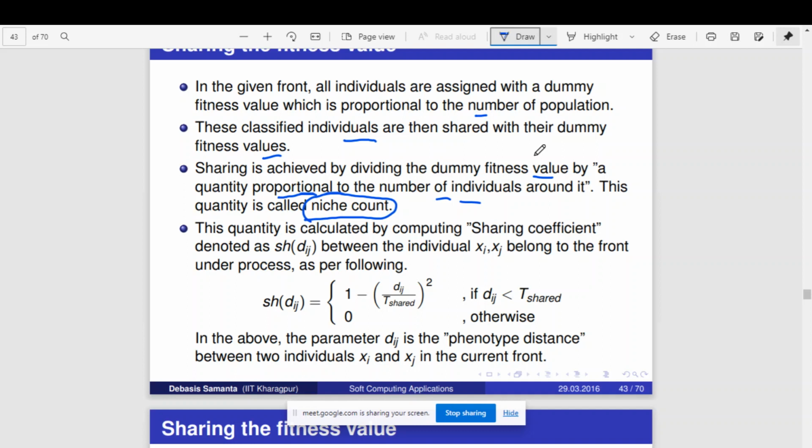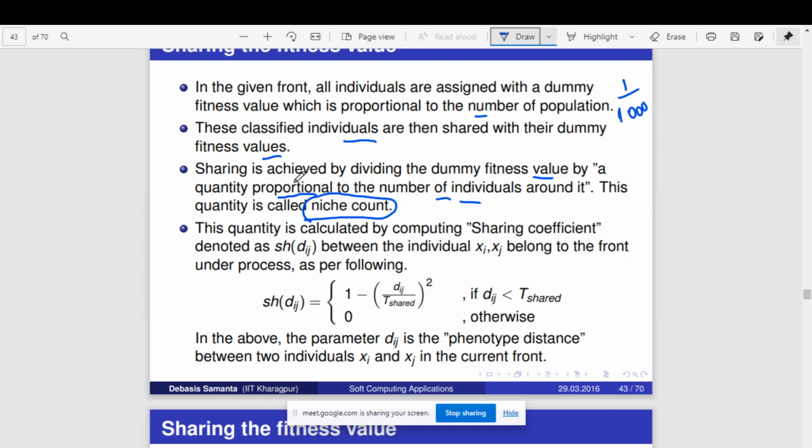So that will give the niche count. If you recall this definition, there is no hard and fast rule that you exactly have to identify the number of individuals in the given radius and divide by the dummy fitness score. That is one technique.